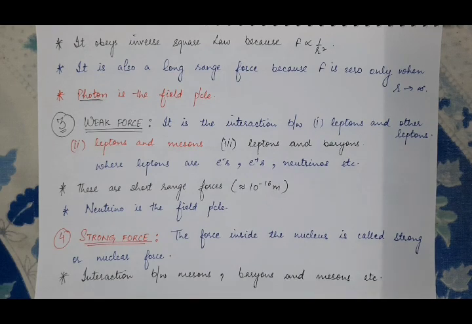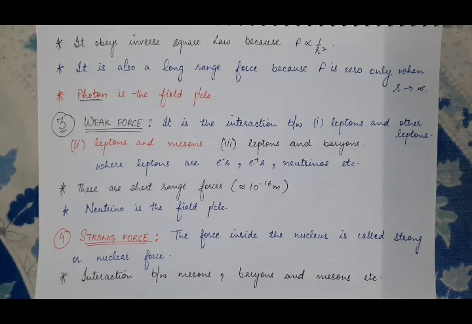It also arises because of the interaction between leptons and mesons, or leptons and baryons. Now what are leptons? All the electrons, positrons and their neutrinos come under the category of leptons. And what are baryons? Baryons are actually nucleons like neutron, proton, and hyperons. All these are baryons. So these interactions are known as weak forces.